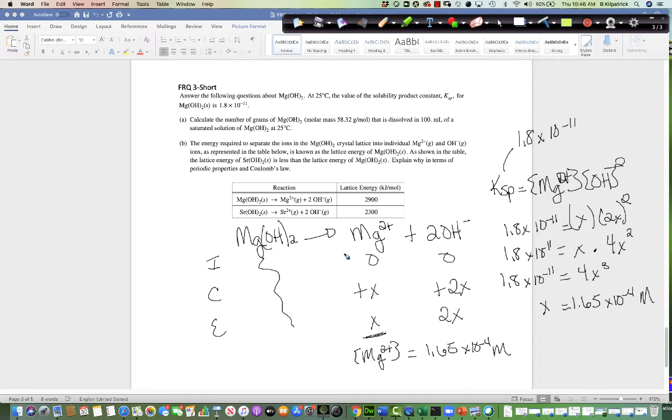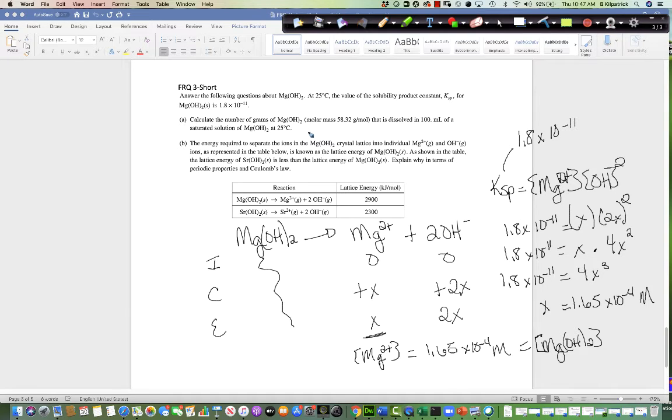If I look, for every one of these that I make in my solution, it took one of the original salt. So the amount that can dissolve in that solution is the same thing because it's a 1-to-1 ratio. I make one of these for every 1 magnesium hydroxide that dissolves. So now I know what my concentration of the magnesium hydroxide is at saturation.